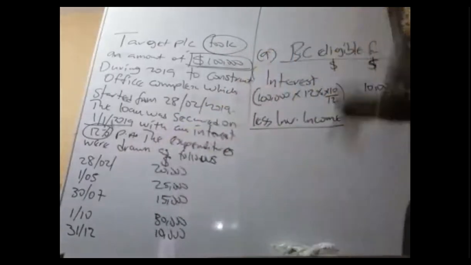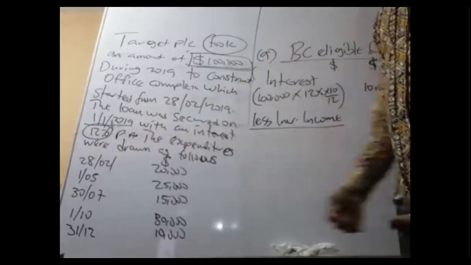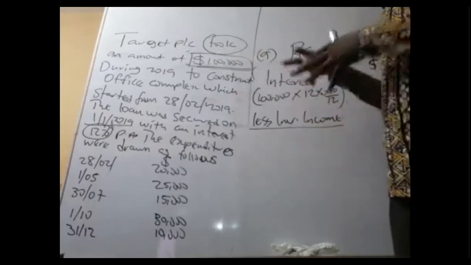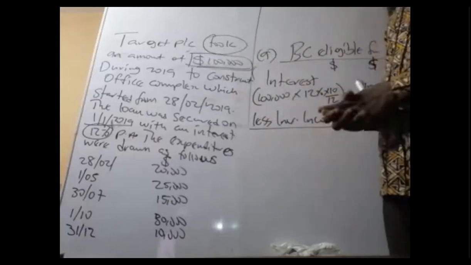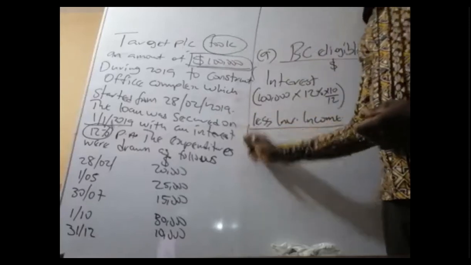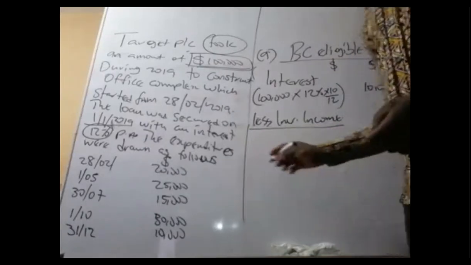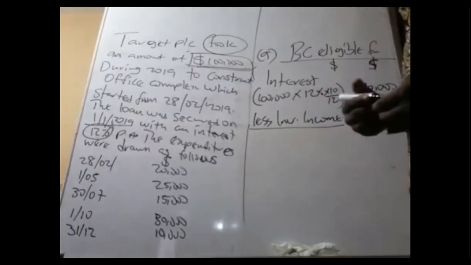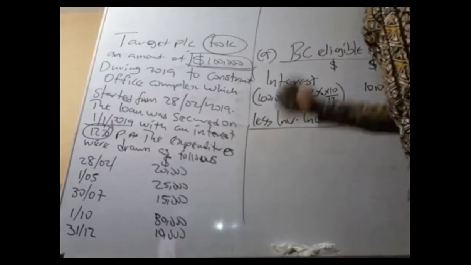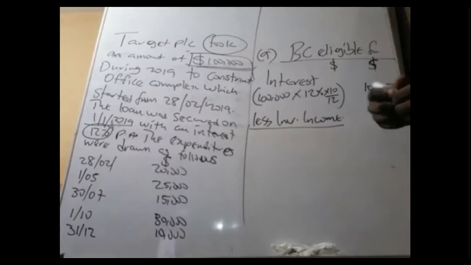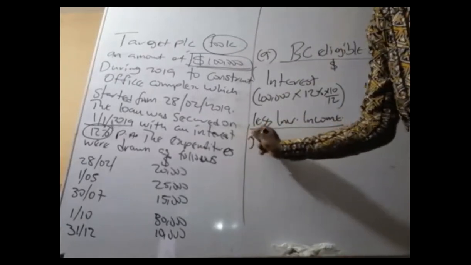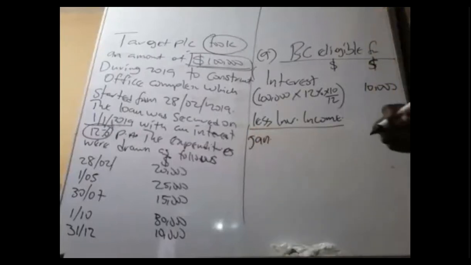And as a rational company like Target PLC, we will not keep $100,000 in our account for 2 months for free. No, we must invest it, at the rate of 9%. So for January and February, 2 months, the January investment.